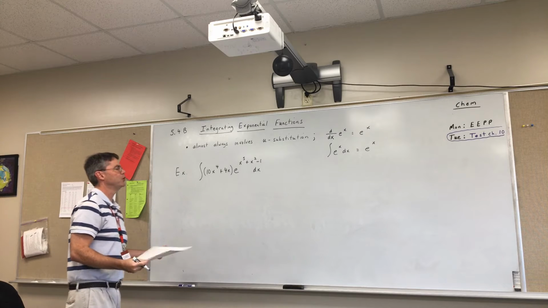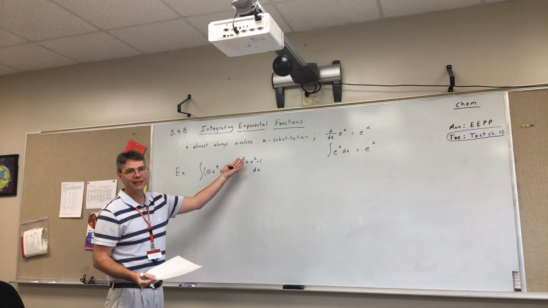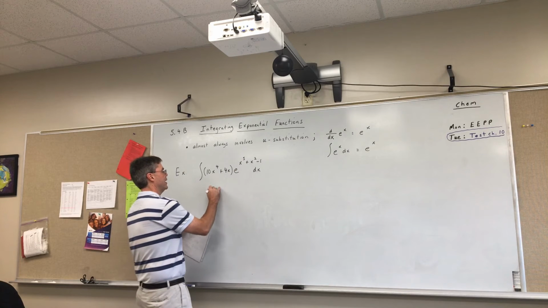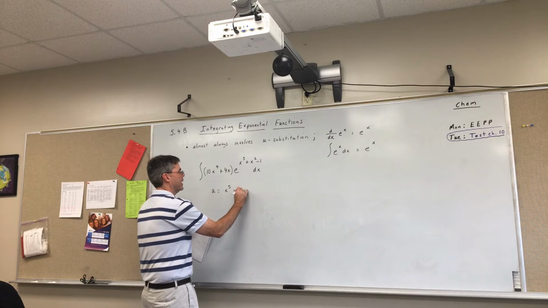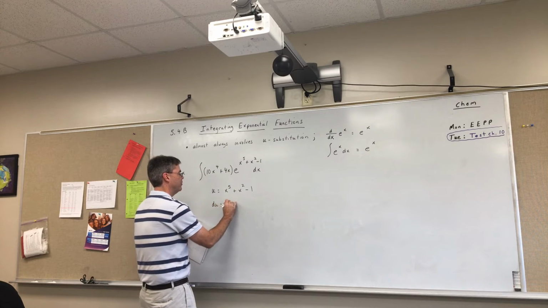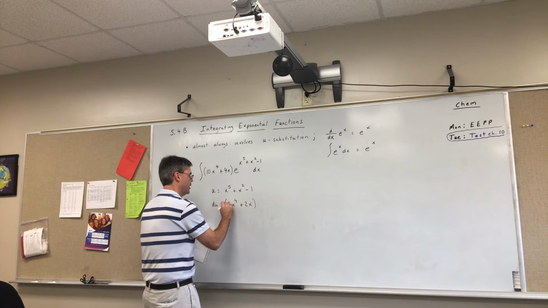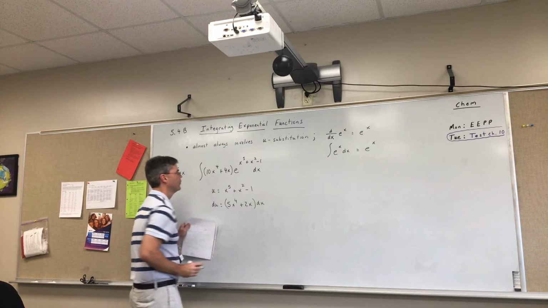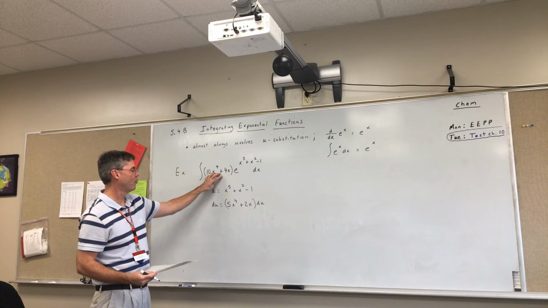So you want to pick a u when you take the derivative of it, it's sitting out in the problem. And that's usually the exponent. So let's let u be x to the 5th plus x squared minus 1. Then du would be 5x to the 4th plus 2x dx. And that's almost what we need. We need 10x to the 4th plus 4x.